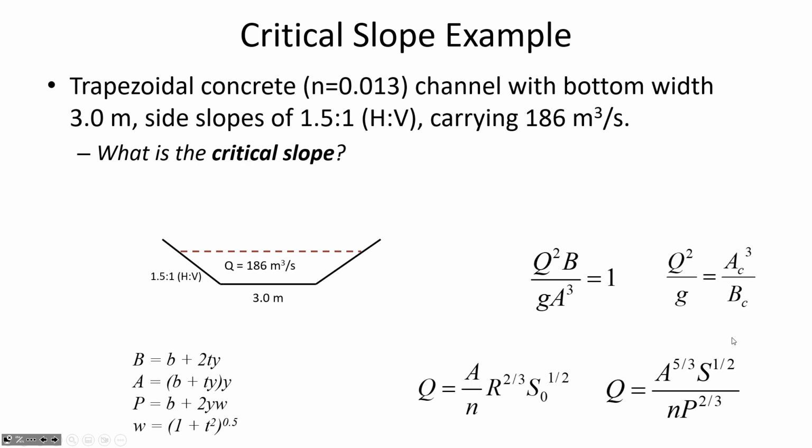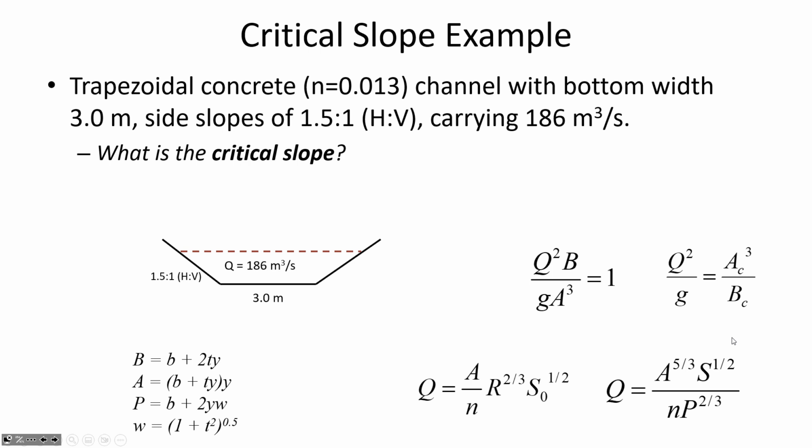And so Q squared times the top width B divided by g times A cubed is equal to 1. So when critical flow is happening, then we know the Froude number will be equal to 1.